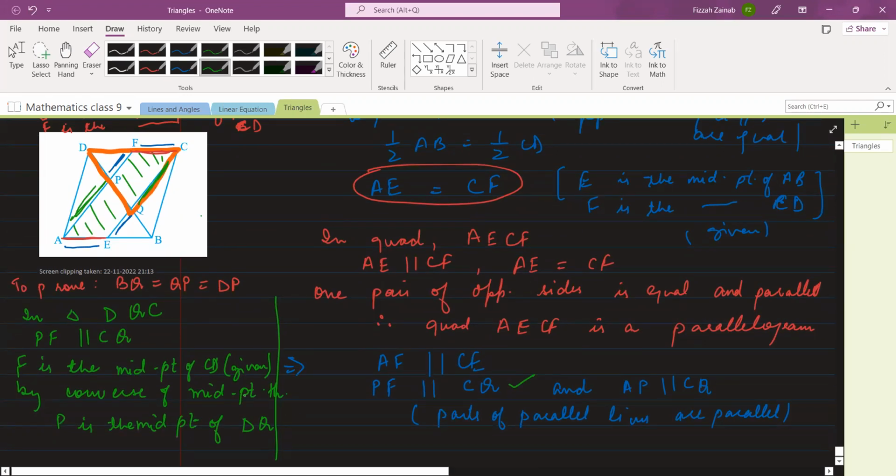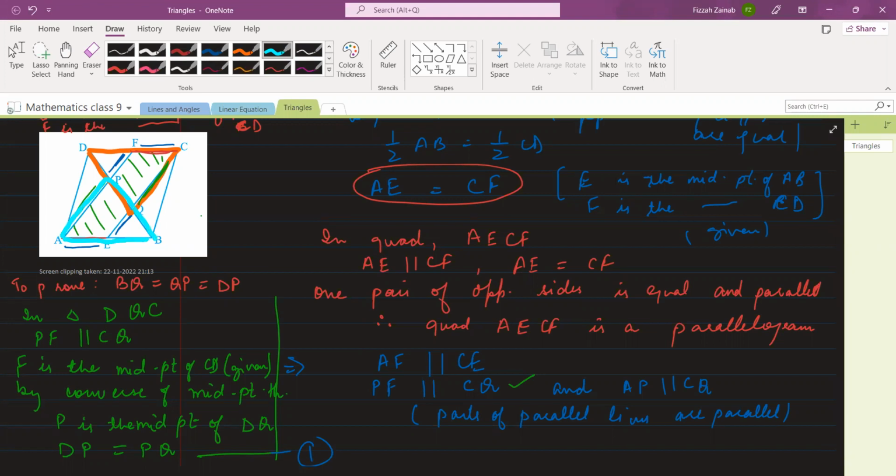So because P is the midpoint, that implies that DP is equal to PQ. You can call it result number one. And the same thing I will be doing in this other triangle. Now in this triangle, I have already shown EQ is parallel to AP.